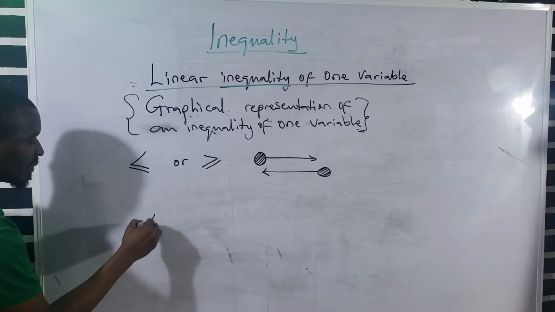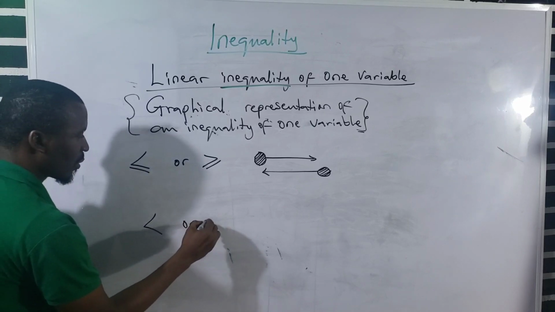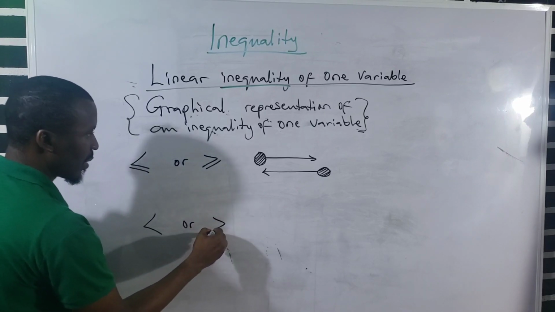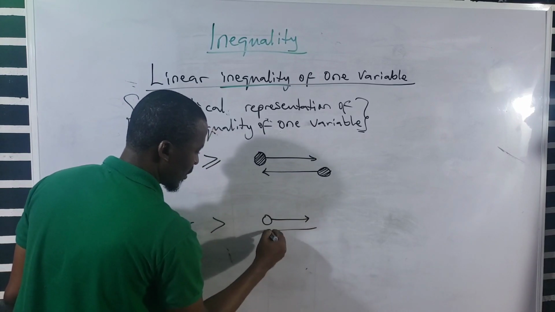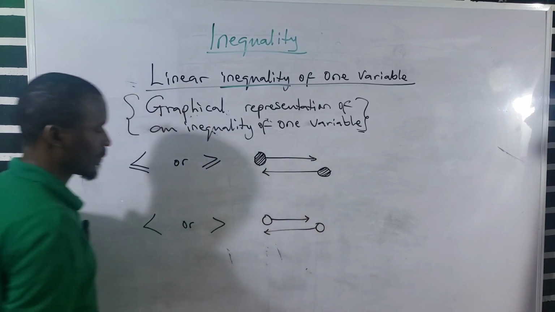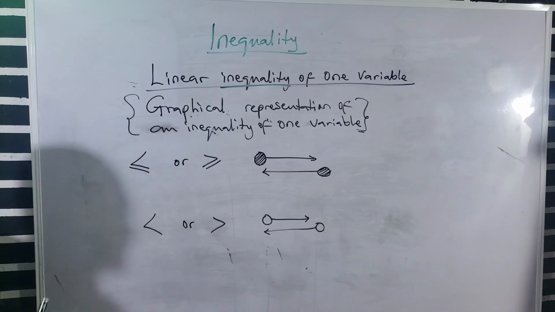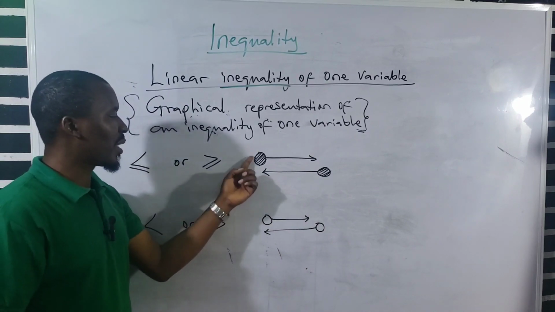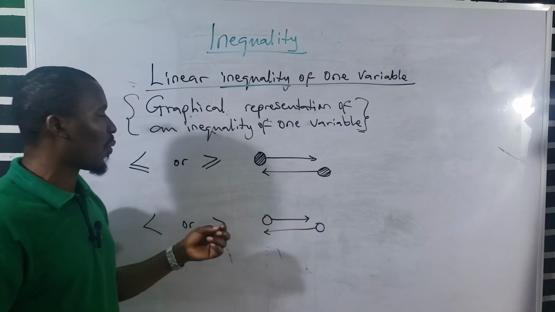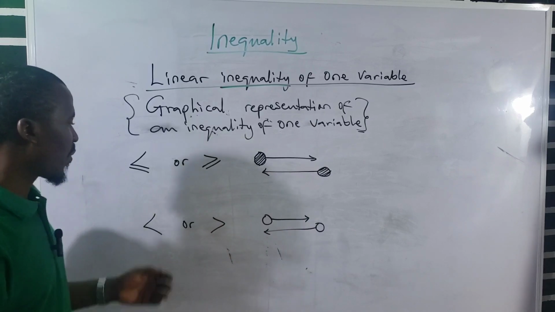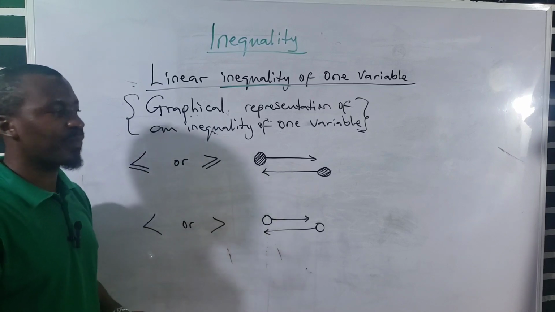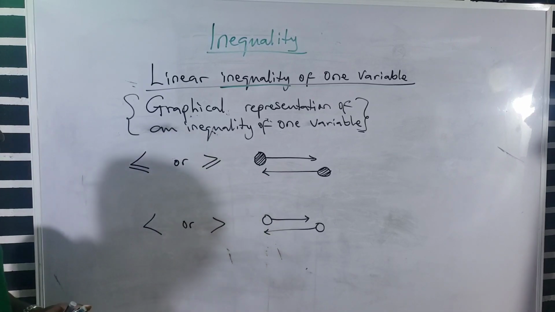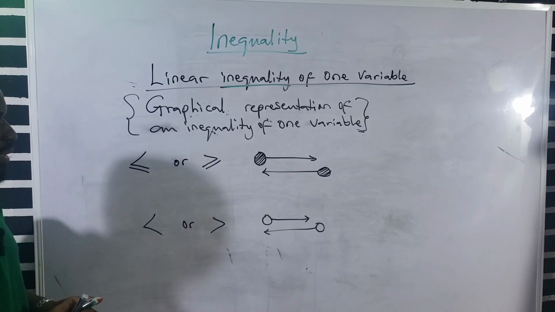And when we have less than or greater than, we make use of this, the empty circle. Whichever one we use depends on where we have our x. Whether we have our x here or x there, we are going to see all that in a little while.